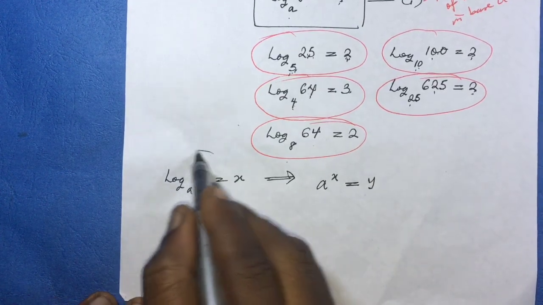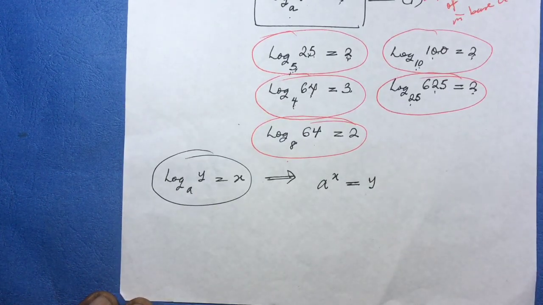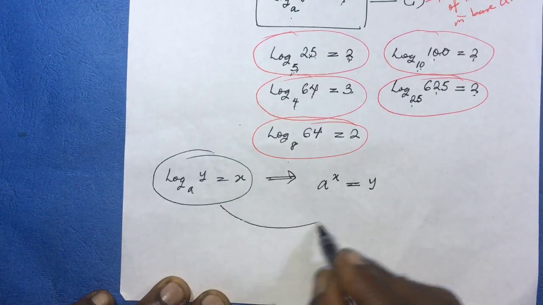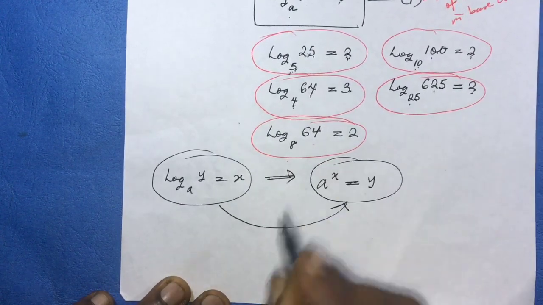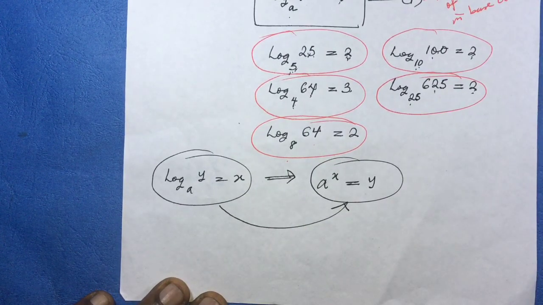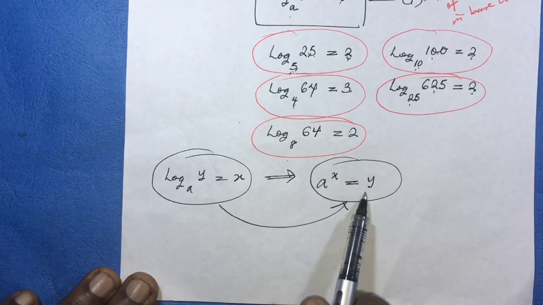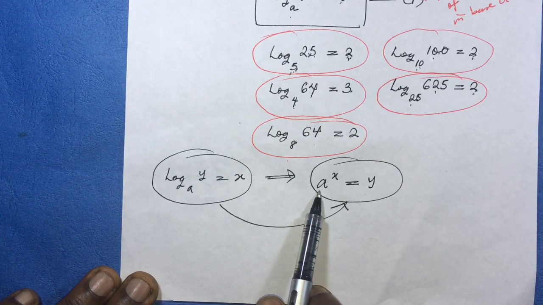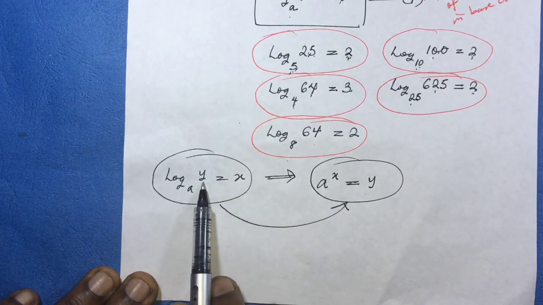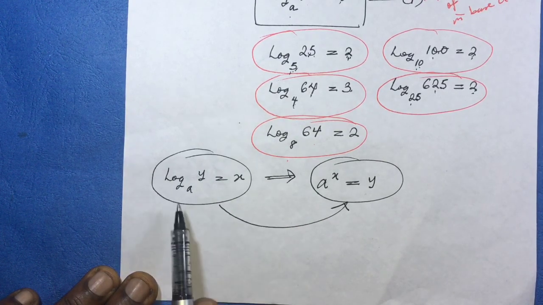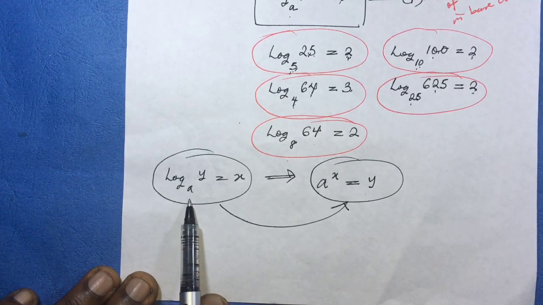So this is the logarithmic form of the number y in base a, and this is its counterpart index form. Okay, so this is the index form of the number y in the base a, and this is the logarithmic form of y in the base a.